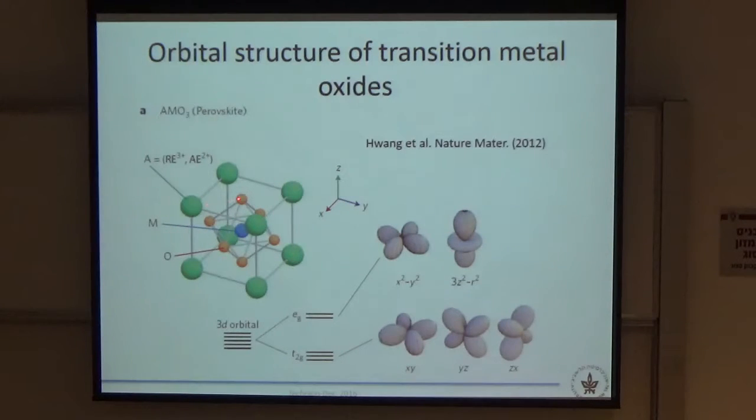Now if we take a look at the orbitals, basically the conductive bands are the titanium bands, and these are t2g orbitals, and they are split because of the lattice into dxy, dyz, and dxz, which are split from the eg bands. So basically we're talking about these bands of the titanium.